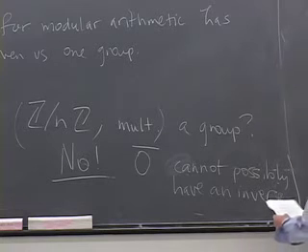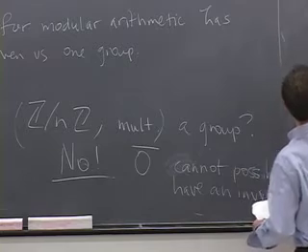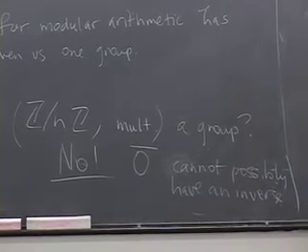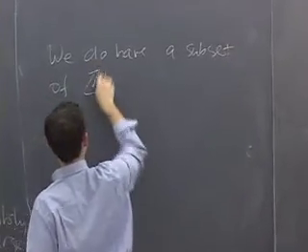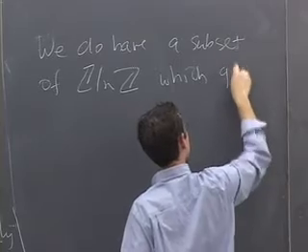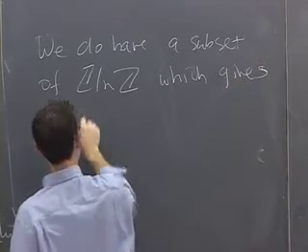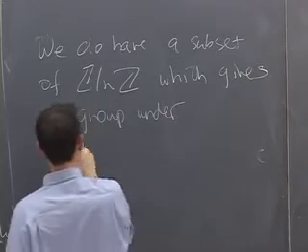So we do have a subset of Z mod nZ which gives a group under multiplication.